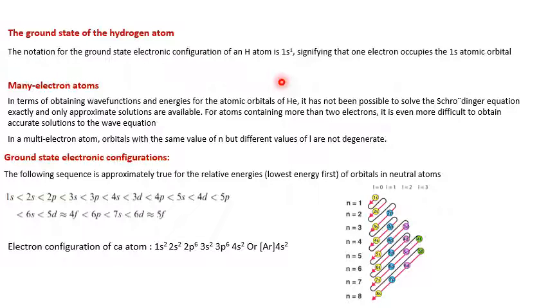But in case of helium or more than one electron species, it has not been possible to solve the Schrodinger equation exactly, and only approximate solutions are available. For atoms containing more than two electrons, it is even more difficult to obtain accurate solutions to the wave function.